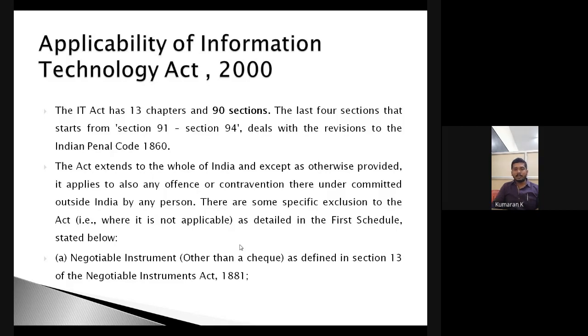Whatever the document, online or offline, which is going to earn or return some amount of money, putting money in another format is what a negotiable instrument is. So the Information Technology Act will be applicable to it.